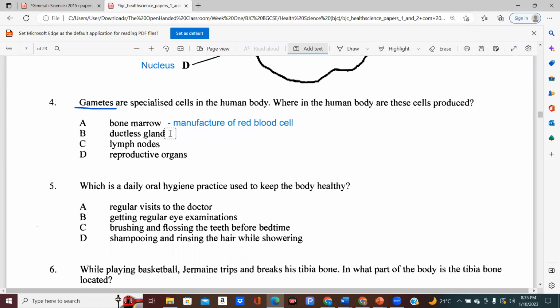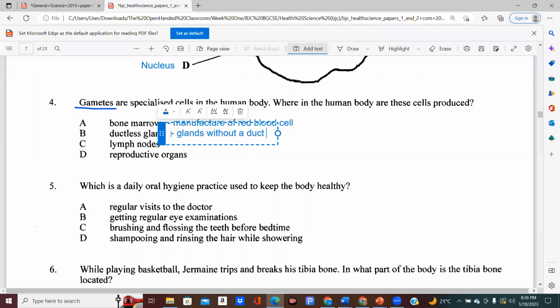The ductless gland. Okay, so you know that some glands are ductless. That means they do not have a duct. When we say duct, you know what I mean by duct, right? Does anyone know what duct is? I'm not talking about duct tape.